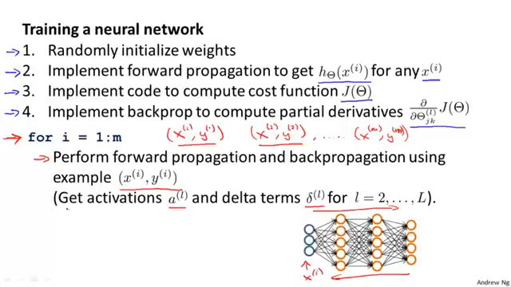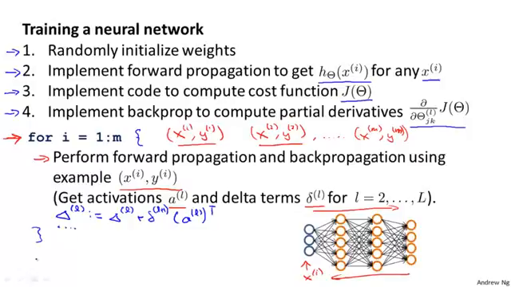Then, still inside this for loop, let me draw some curly braces just to show the scope of the for loop. This isn't Octave code, of course, but it's more like C++ or Java code. And the for loop encompasses all this. We're going to compute those delta terms, using the formula that we gave earlier: delta L plus 1 times a L transpose, accumulated as a sum.